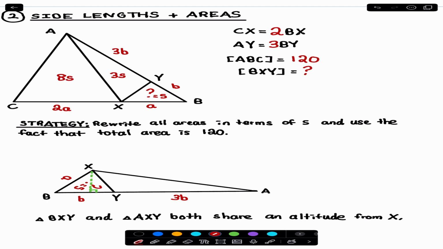So if we go back to our strategy, we managed to successfully write everything in terms of S. This means we can use our final information in the problem. So remember, always a good tip, use what you haven't already used yet.